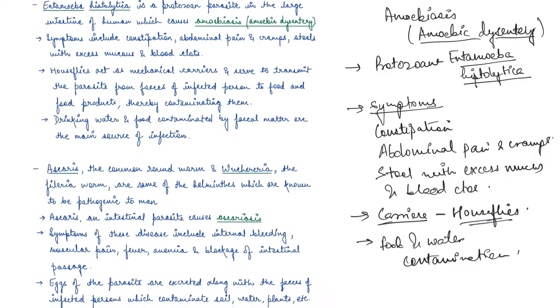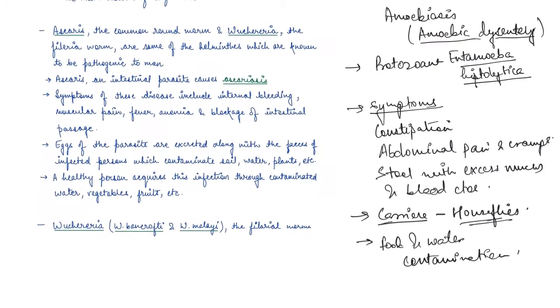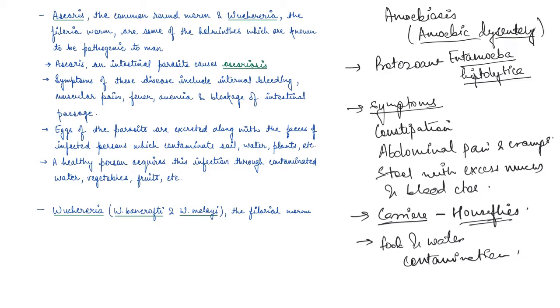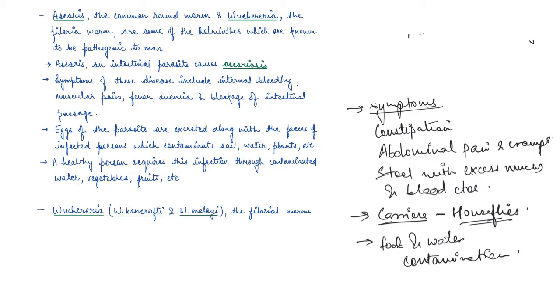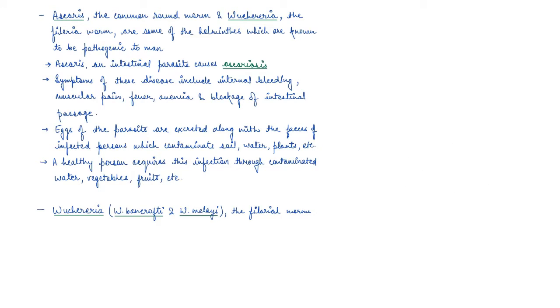Now the next one is caused by a helminth which is Ascaris, right? So the disease is ascariasis. The disease is ascariasis, right? It is caused by a roundworm, Ascaris, right?